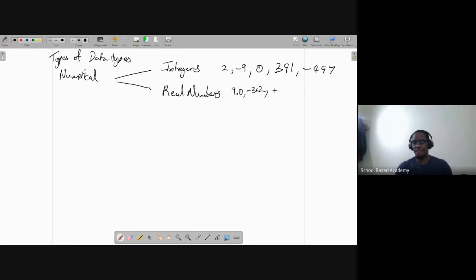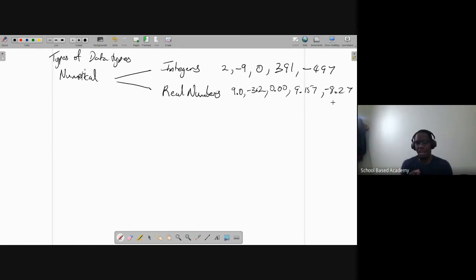You could have 0.00, 9.157, right? Minus 8.27. So these are numbers that we see in finance, we see in statistics. Those are parts of a number being represented.